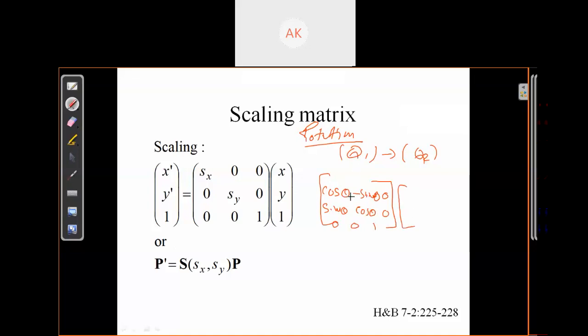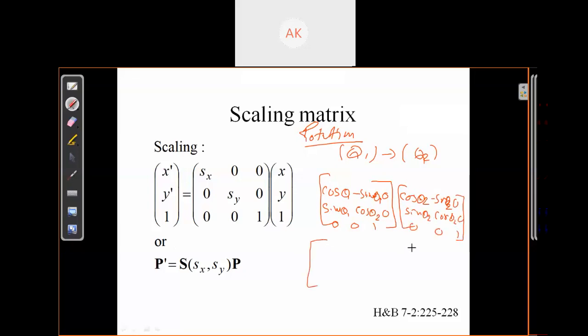For theta 1, it's theta 1. For theta 2, again you will write [cos theta 2, minus sin theta 2, 0; sin theta 2, cos theta 2, 0; 0, 0, 1].